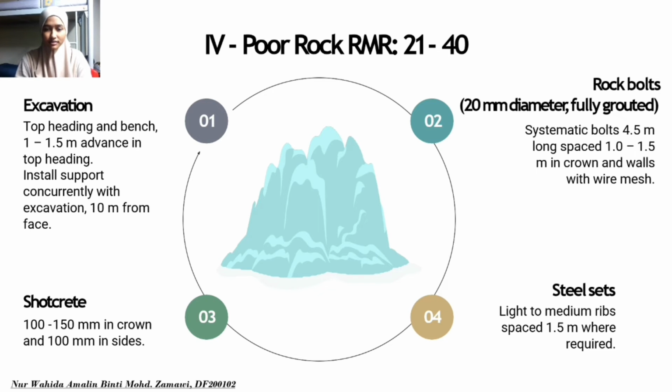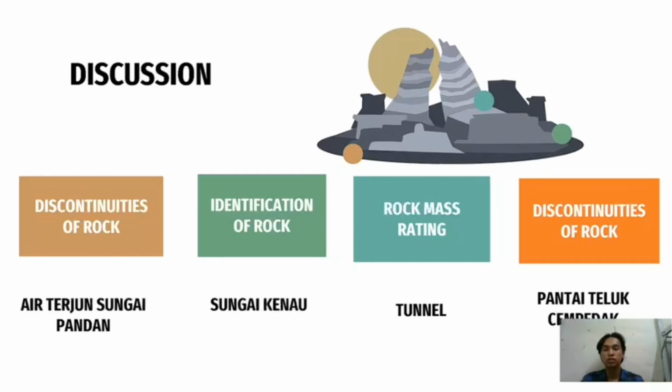For the fourth class, excavation work is needed as shown in the descriptions, and rock bolts also as shown in the descriptions, 20 mm diameter, fully grouted, and for shotcrete also as shown in the descriptions, and steel set also as shown in the descriptions.